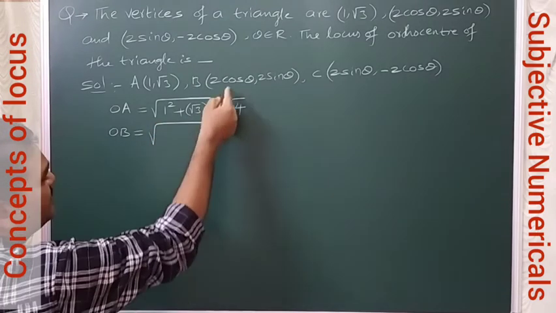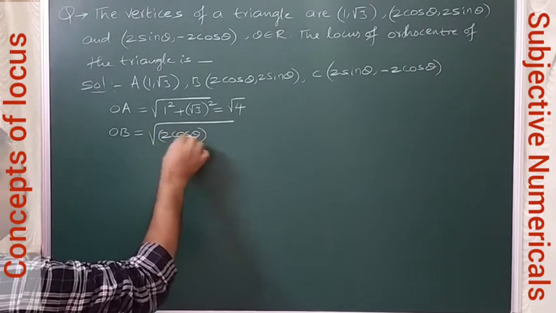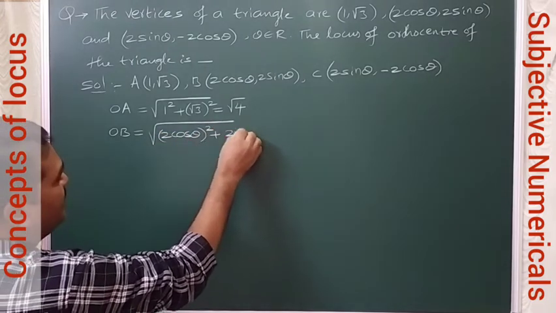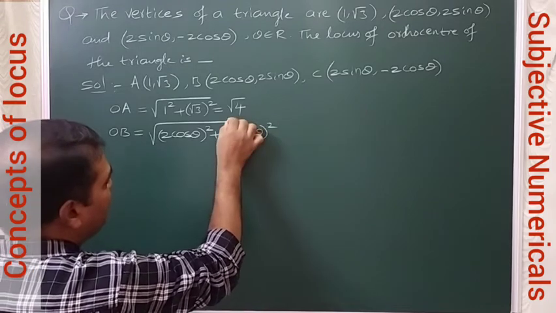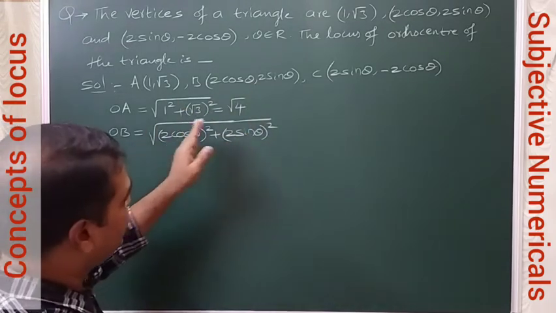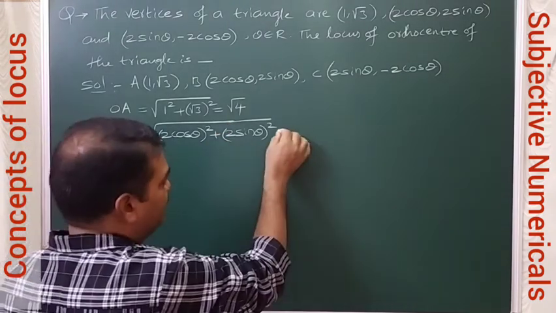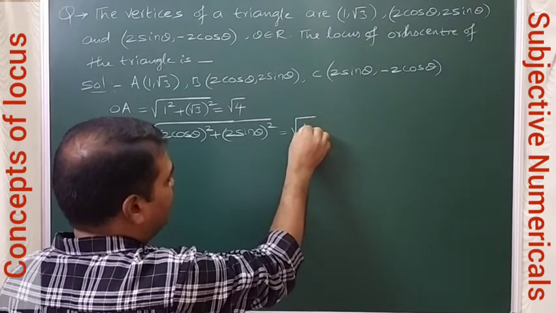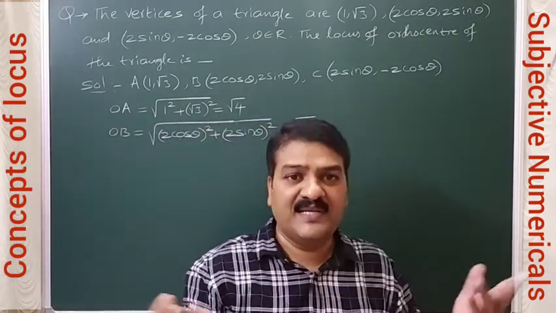Using distance formula, you get under root (2 cos theta) whole square plus (2 sin theta) whole square. This is just the distance formula from B to origin. So under root 4 cos square theta plus 4 sin square theta we will get. Therefore under root, if we take 4 common here, cos square theta plus sin square theta is anyhow 1.